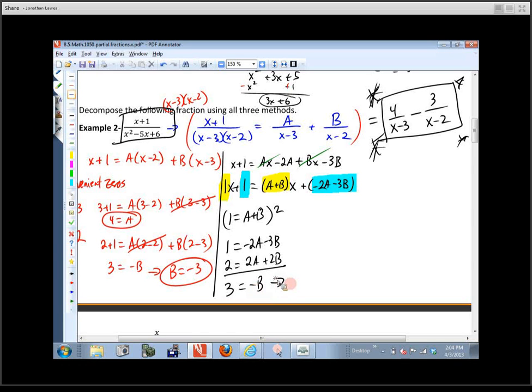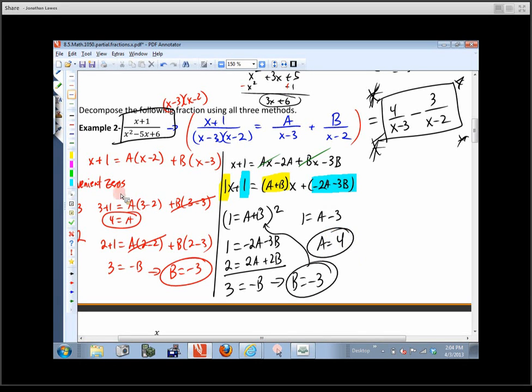So what does that mean? B is equal to negative 3. Now, once I know what b is, then I can come up here and I can plug it in. And I get 1 equals a minus 3. So if I move the 3 to the other side, I get a equals 4. Oh my gosh, same answer.